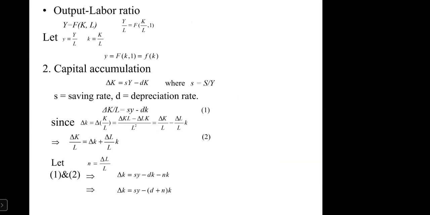Okay, another property of this new classical production technology is called constant return to scale. What does this mean? Look at it here, this is a production function. If you scale up or scale down each factor by the same magnitude, then you're going to scale up or scale down the output by the same magnitude.